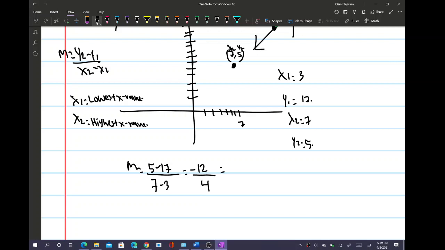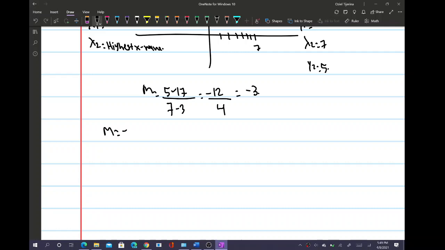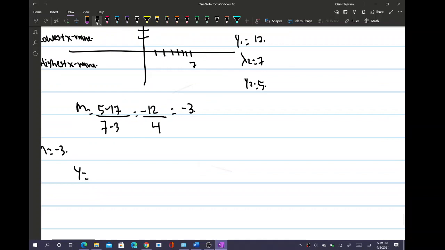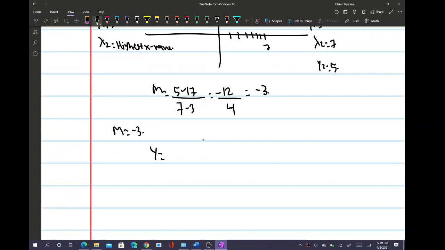If we divide this out, we have negative 3. Now, m equals negative 3. So therefore, we know that the slope-intercept form of an equation is y equals mx plus b. So then y equals negative 3x plus b.